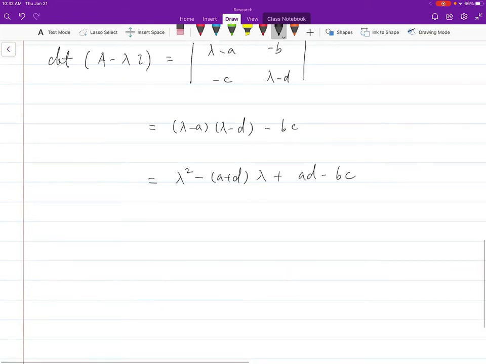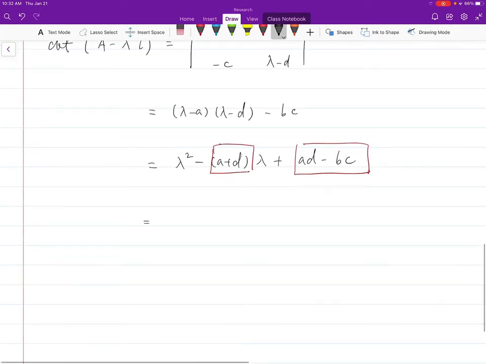We know which kind of solutions and phase portrait we have really depends on which kind of solution we have for this quadratic. Therefore, what's important is just this number and this number, because they are going to determine what the final lambda is going to be. So I'm going to call the first one T and the second one D.